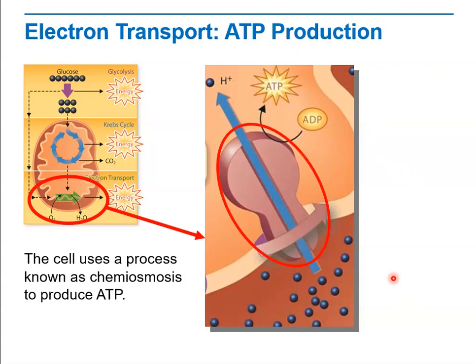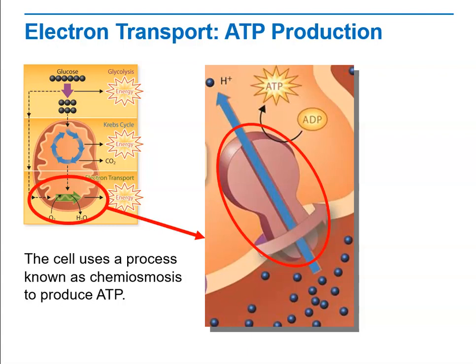This makes the hydrogen ions flow from the area of high concentration to the area of low concentration. The only way for them to cross the inner mitochondrial membrane is to go through the ATP synthase.